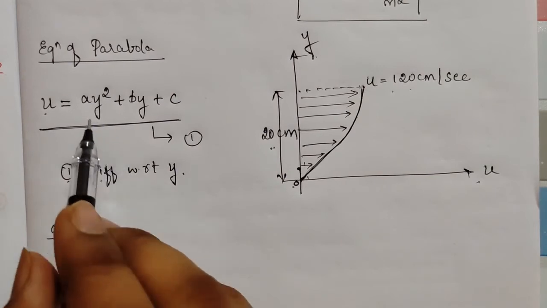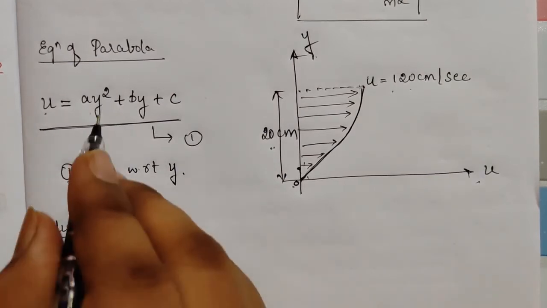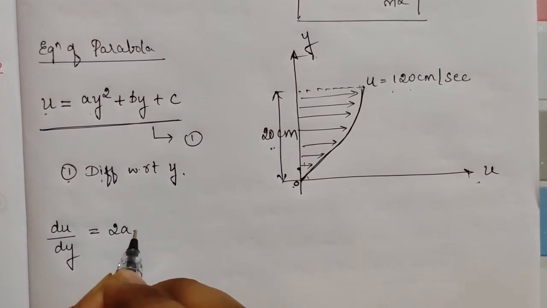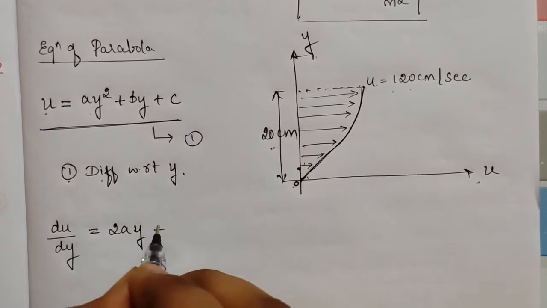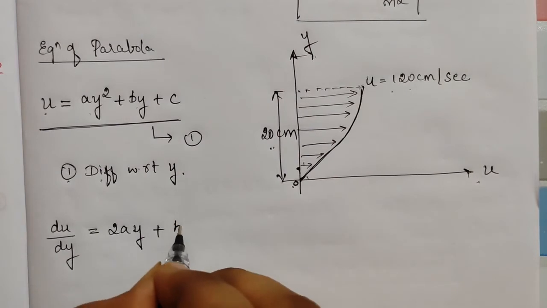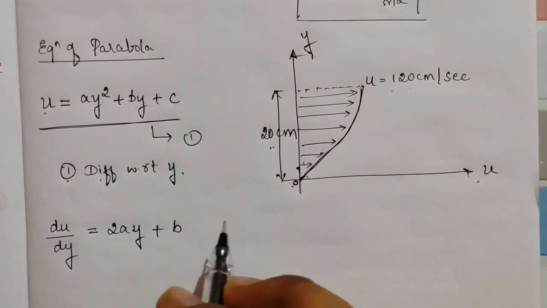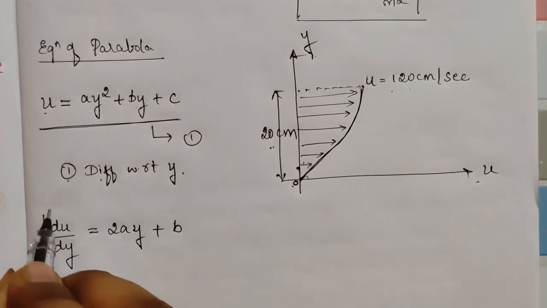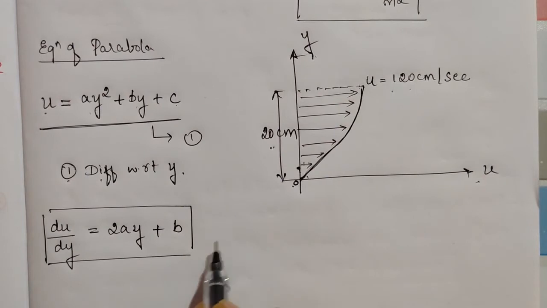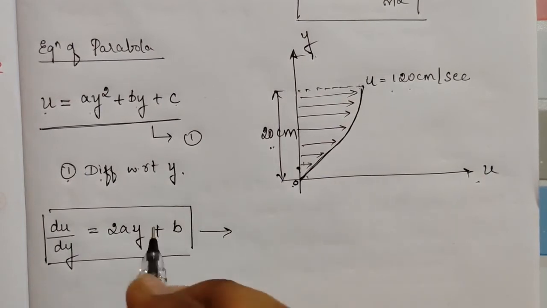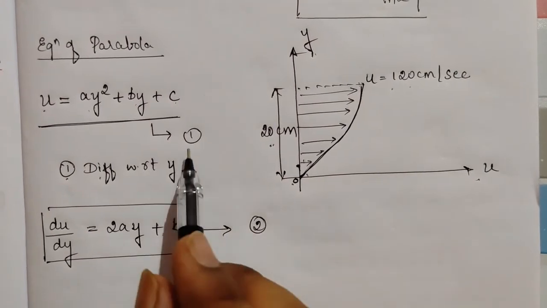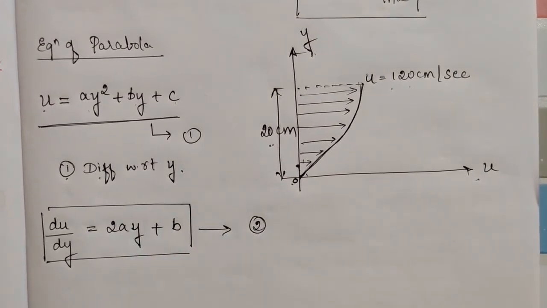Differentiation of ay² is 2ay, plus differentiation of by is b, and c is a constant, so its differentiation is 0. So the other equation is du/dy = 2ay + b. This is equation number 2. So I have equation 1 and equation 2.